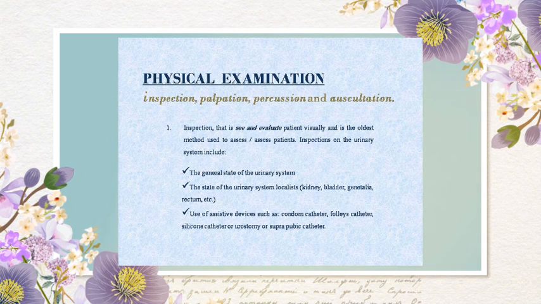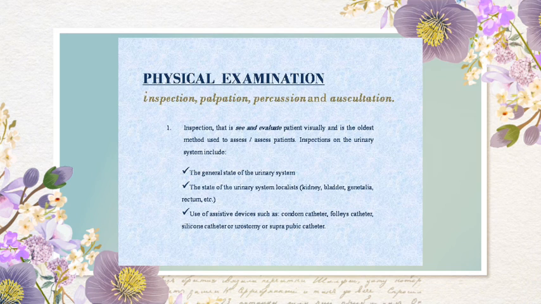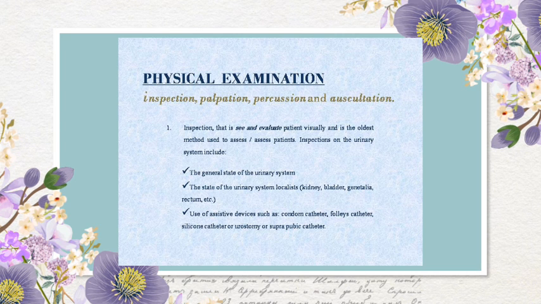Inspection of the urinary system includes the general state of the urinary system, and the use of assistive devices such as condom catheter, Foley catheter, silicone catheter, or urostomy or suprapubic catheter.